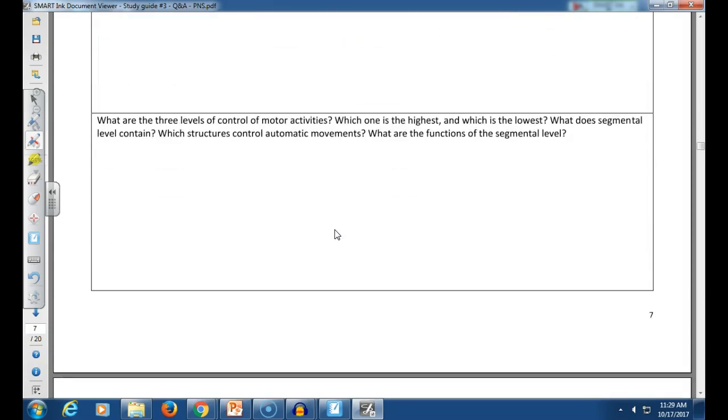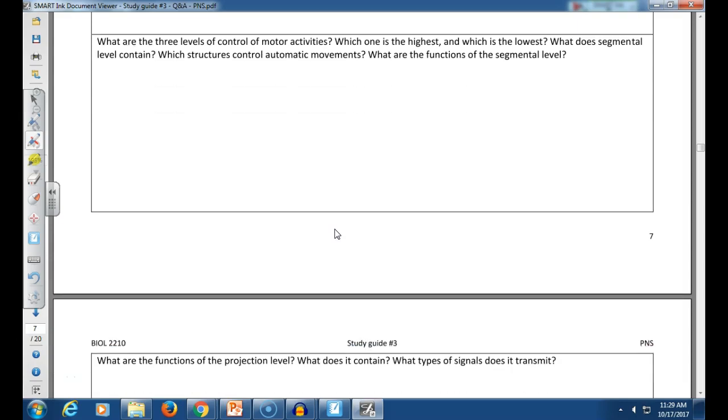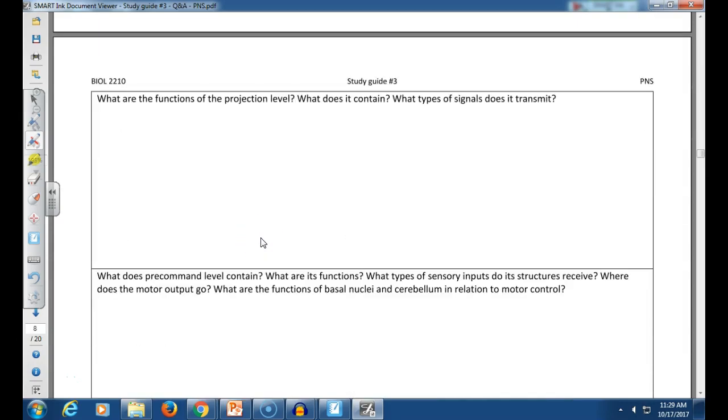Three levels of control. No hierarchy. I'm not going to go over this. Know which parts comprise segmental, projection, and pre-command. Okay? Know what they control, know what the functions are. For pre-command, I want to specifically highlight, do they have direct access to the muscles?